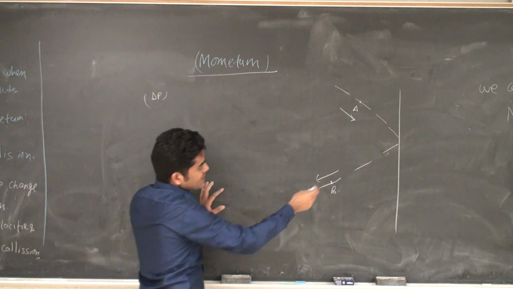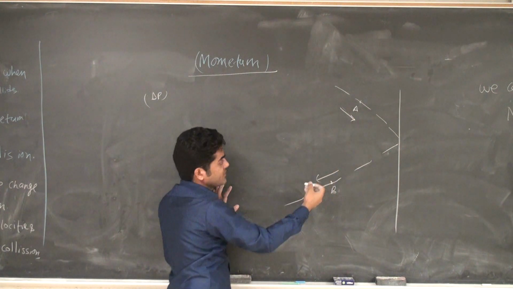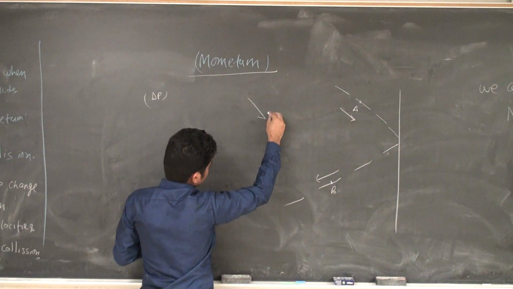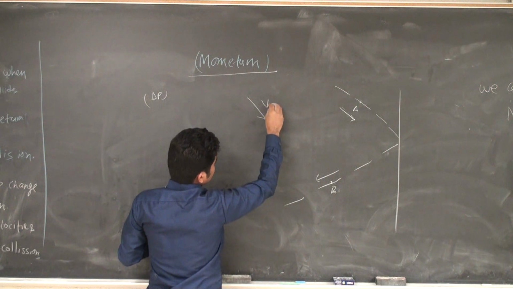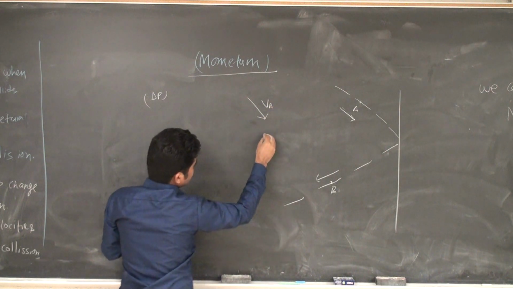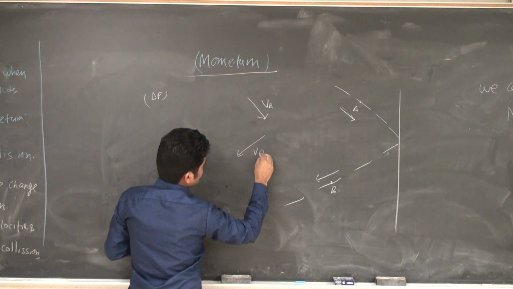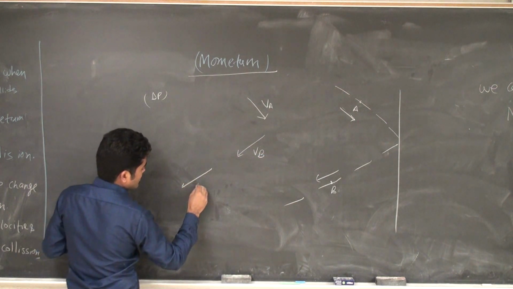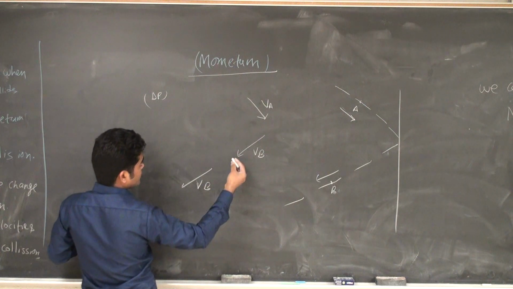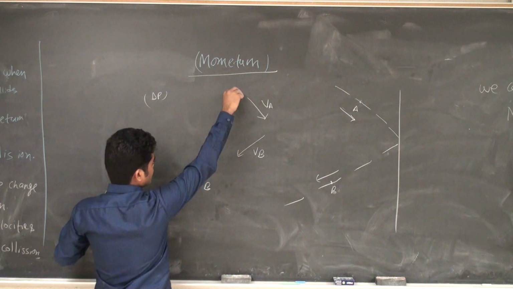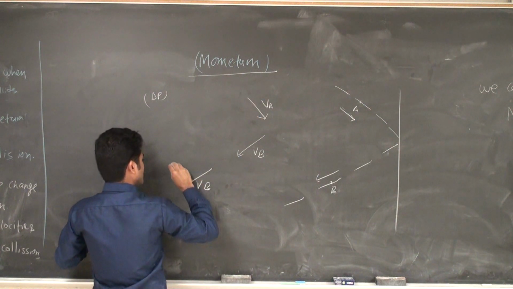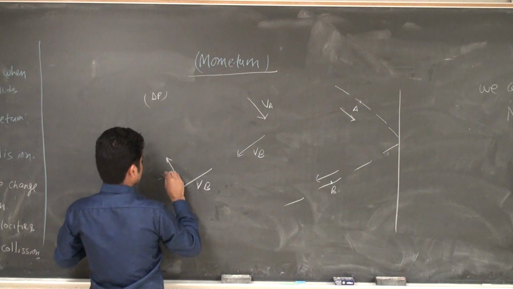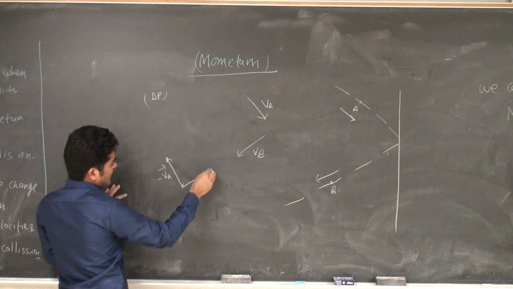This is our initial velocity, VA, and this is our final velocity, VB. The change in velocity is VB minus VA, which is del v, and it points in this direction. So the change in momentum is also in this direction.